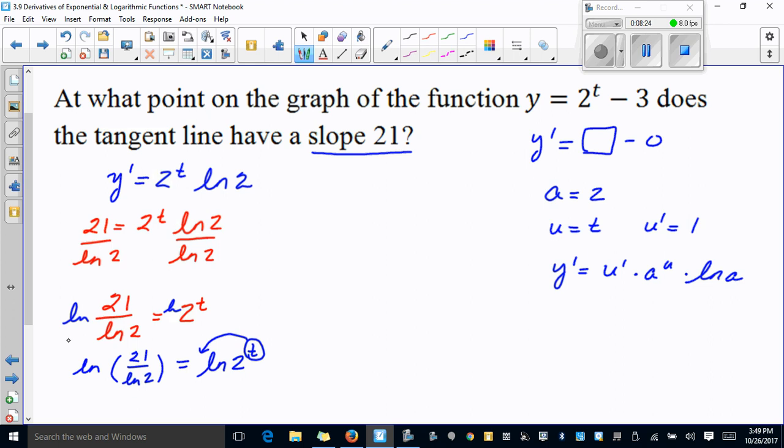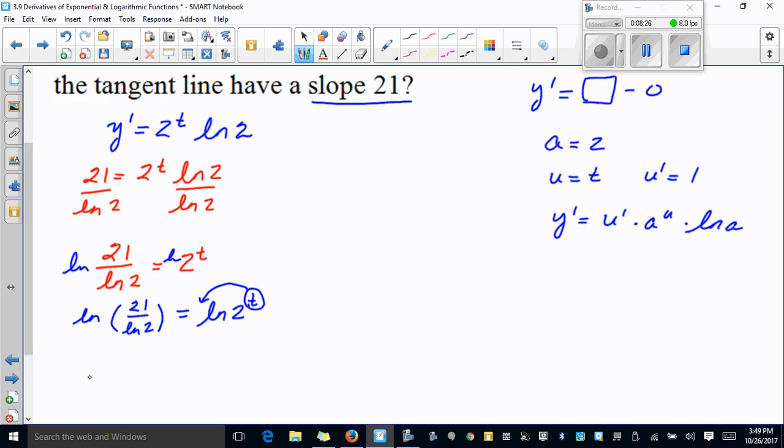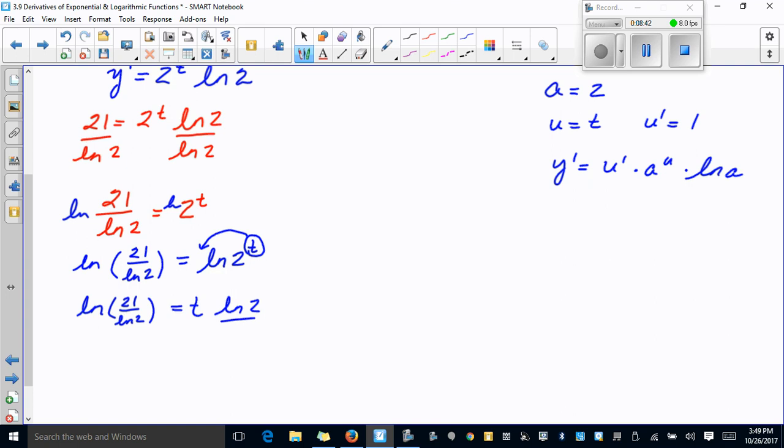And we're almost done. Divide this whole thing by natural log of 2, and you get t is equal to the natural log of 21 over natural log of 2, over the natural log of 2.